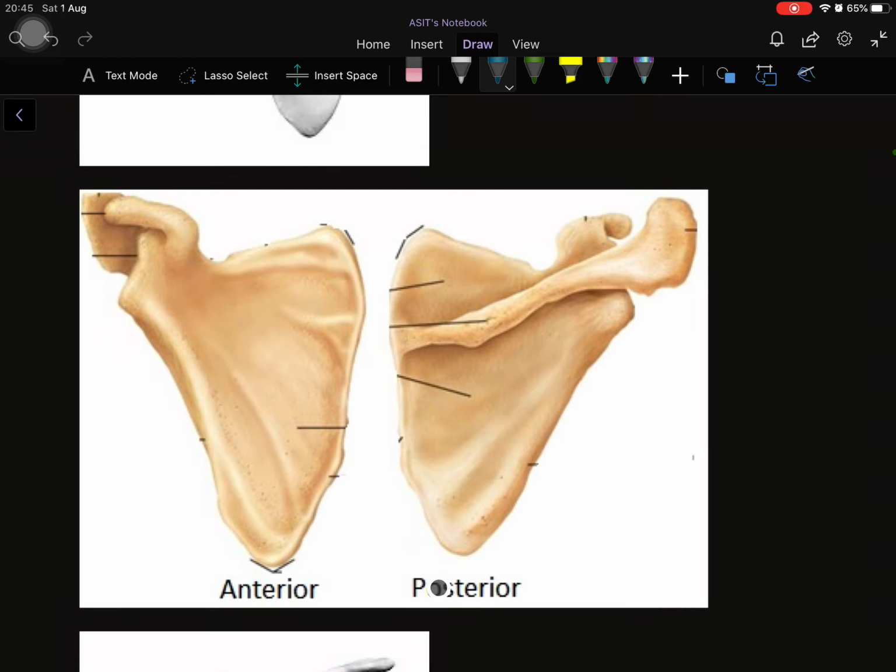As you see, the anterior side is slightly curved, because it lies just behind the rib cage, posterior to the rib cage, so it is curved to cover the rib cage.